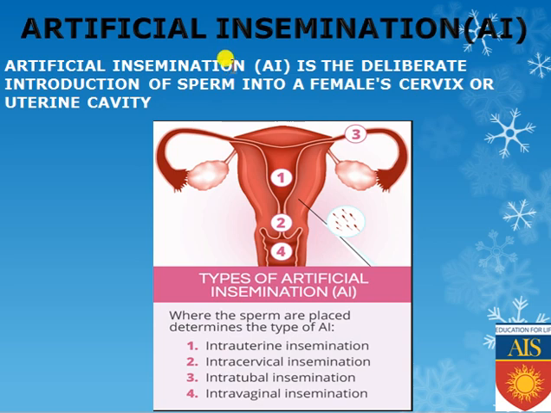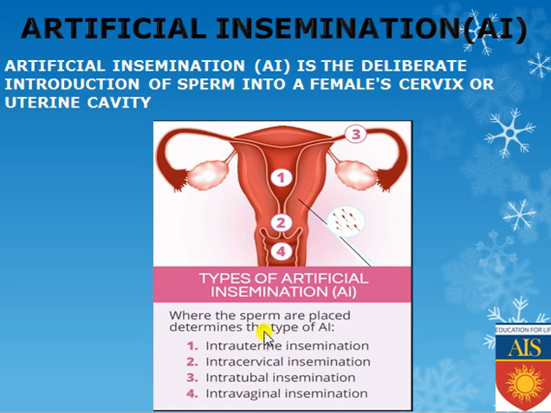If the sperm is introduced in the uterine portion of the female reproductive tract, then it is known as intrauterine insemination. Second, if the sperm is introduced in the cervix region, then it is known as intracervical insemination. Next, if the sperm is introduced in the fallopian tube directly, then it is known as intratubal insemination.